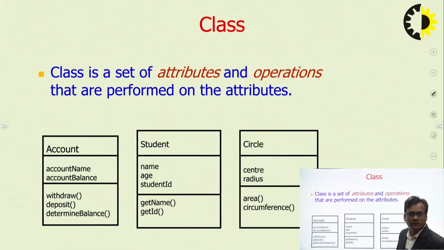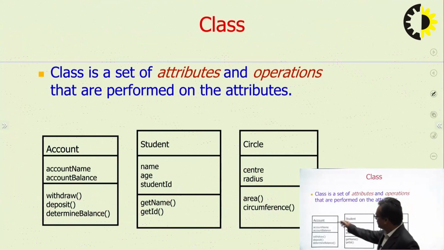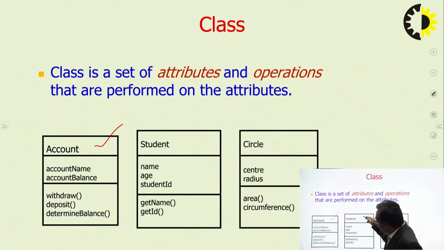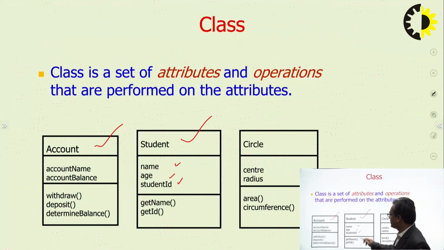Now, there are some more examples of classes that may have a set of attributes and operations. Account we have already discussed. There may be a class named Student, which contains attributes name, age, student ID, and some methods like get name and get ID.